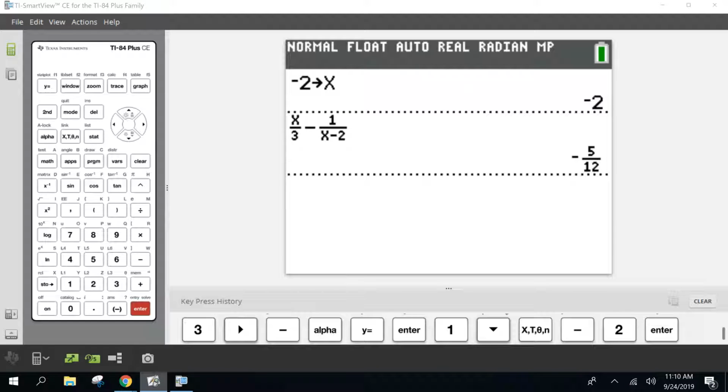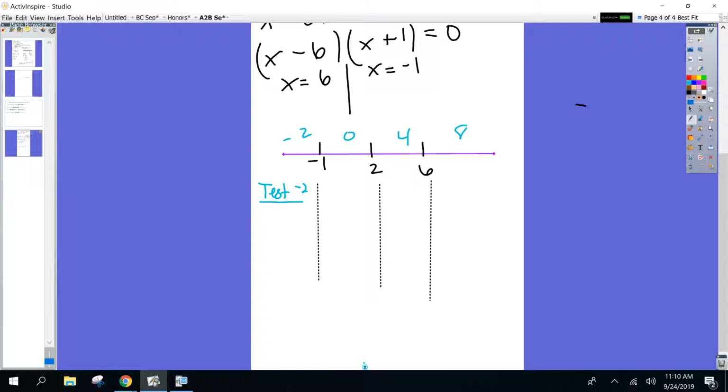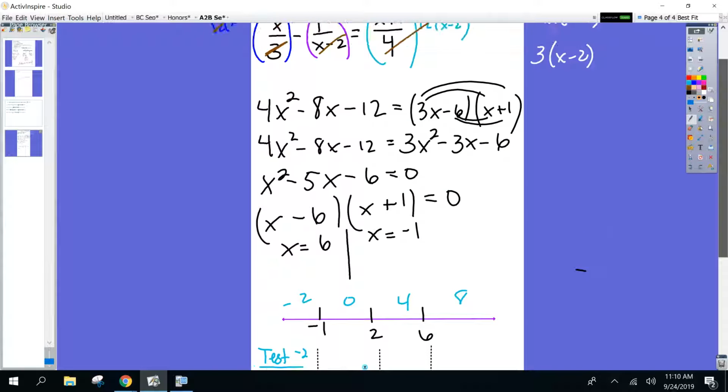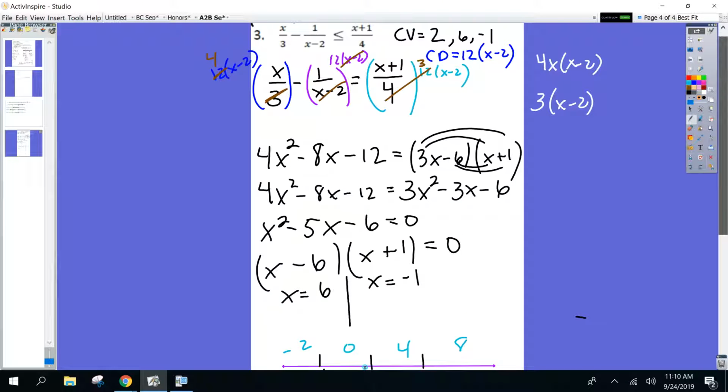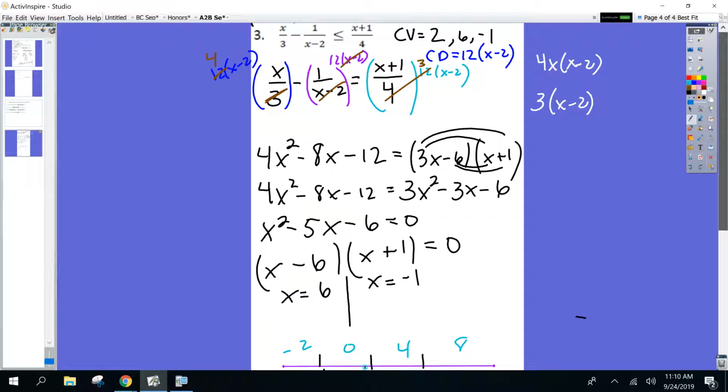So I go back and I say, is -5 over 12 — what's the sign I used originally? Less than or equal to. Then go ahead and type in the right side now, which is X plus 1 over 5.